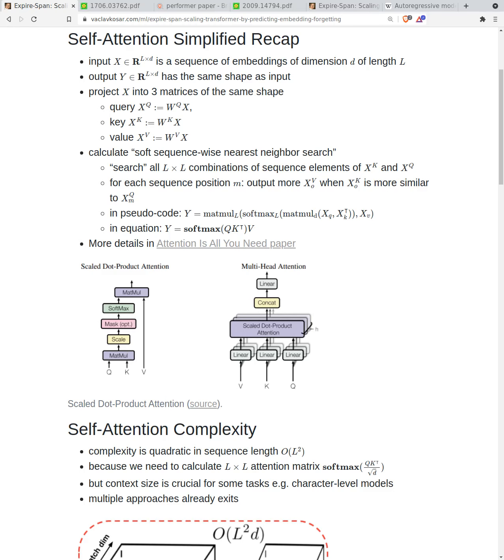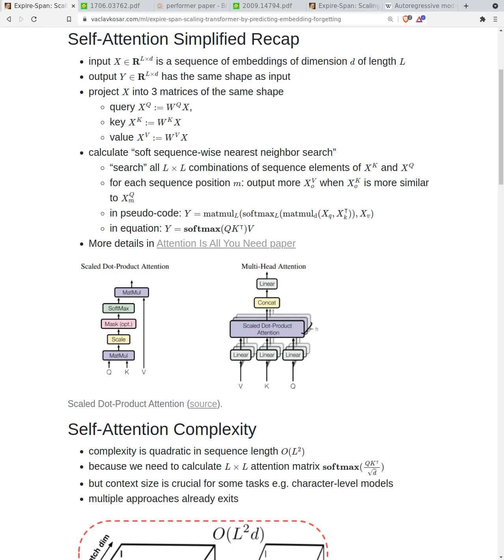Once we have the input, in simplified terms, in the encoder, we take the input and create three matrices by linearly projecting it with some weight matrices. These three different sequences are then called query, key, and value.